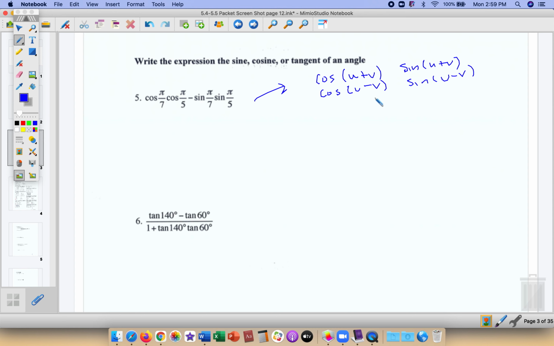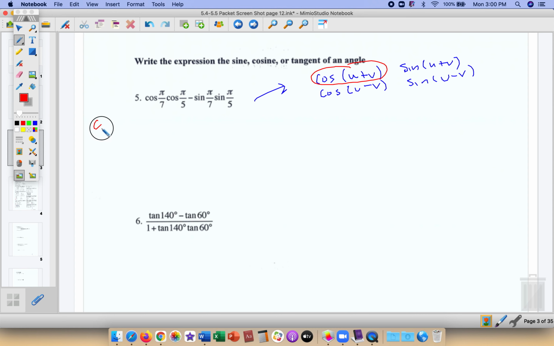So if you go to your formulas, we see that this has to do with the cosine, right? So we ask ourselves, is this the cosine addition or subtraction formula? It goes with this one.